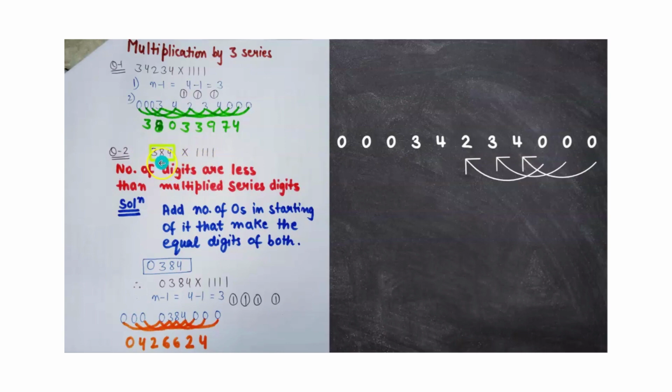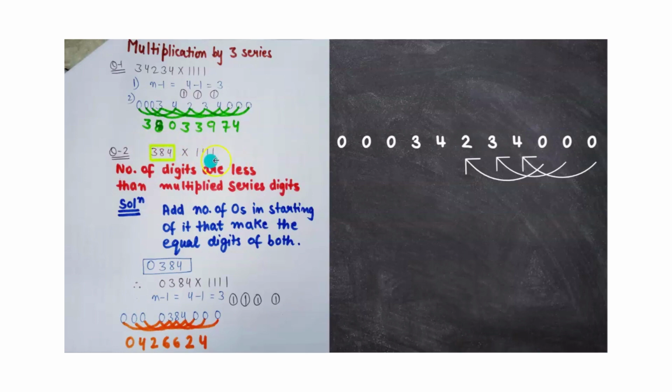Here the number has 3 digits and the series is 1 2 3 4, 4 ones, means n is 4, and the number to whom we need to multiply has 3 digits, means the number of digits are not equal, neither equal nor greater than the series.